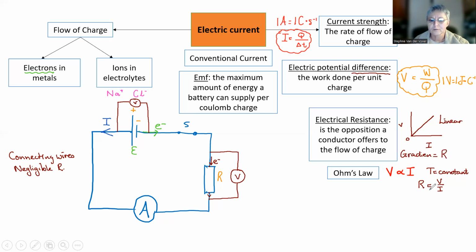There are 4 things that affect the resistance in a conductor. Those 4 factors would be the temperature of the conductor, the thickness of the conductor, or some people would say the cross-sectional area, the length of the conductor.